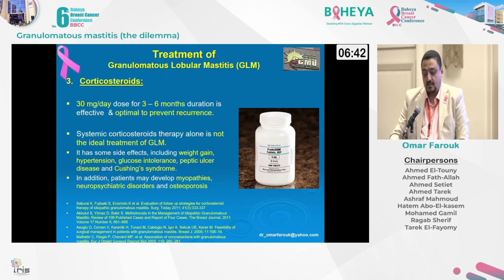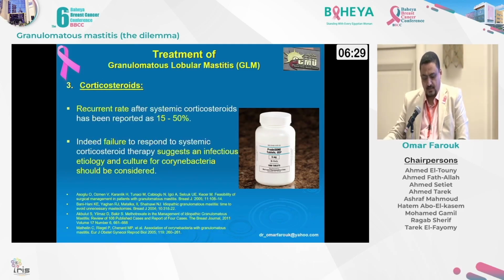However, systemic corticosteroid is not the ideal treatment because it has many side effects, and sometimes the patients stop the drug and do not complete the course due to side effects and complications. Also, the recurrence rate is reported as 15 to 50%.